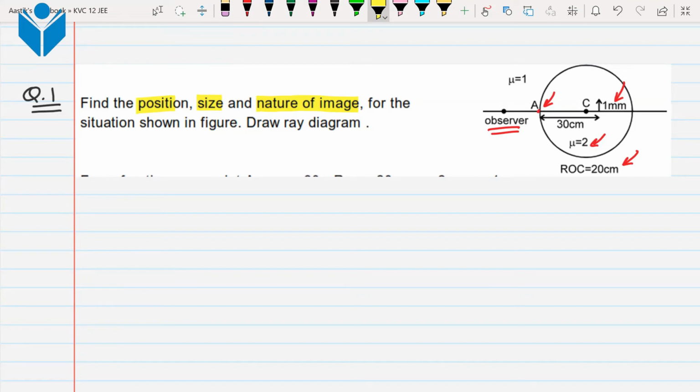No, I don't think that is the correct answer, beta. Have you put the values correctly? I'll give you 2 more minutes to do this. Position is 60 centimeters. Height of image is 0.4 centimeters. Virtual image. Okay, 0.4 centimeters, or I can call it as 4 mm.